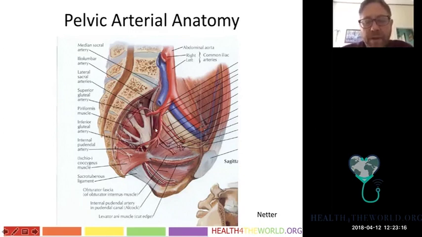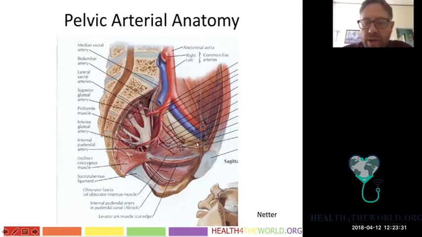All right. The anterior division vessels, there are many of them. We're not going to talk about a lot of them right now, but it's important to note that an obturator artery goes through the obturator canal, which is right here.